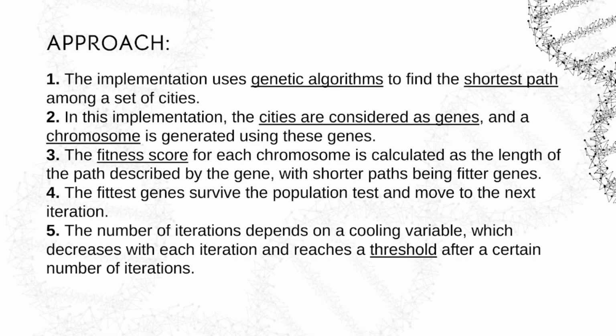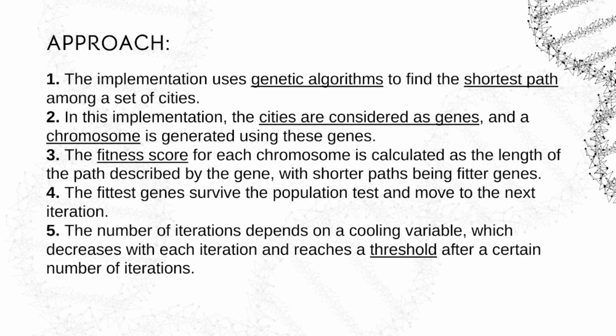The approach of this problem is that the implementation of TSP using genetic algorithms involves generating a chromosome using the set of cities which are represented as genes. The algorithm then calculates the fitness score for each chromosome by computing the length of the path described by the genes. Shorter paths are considered for the fitter genes, and the algorithm selects the fittest gene to survive and form the next generation.